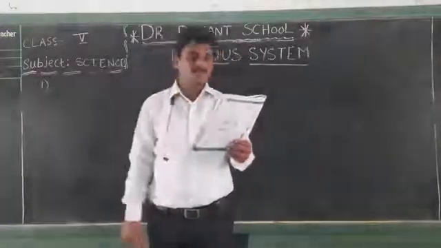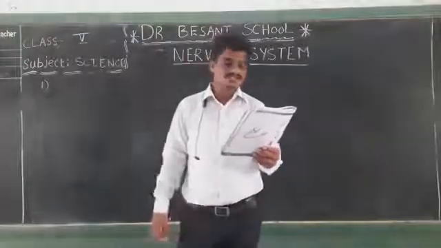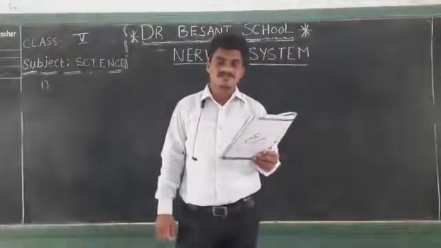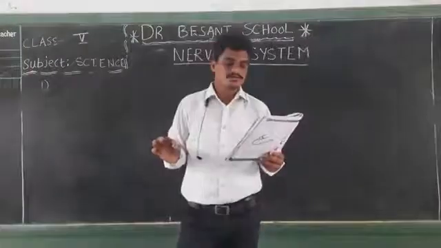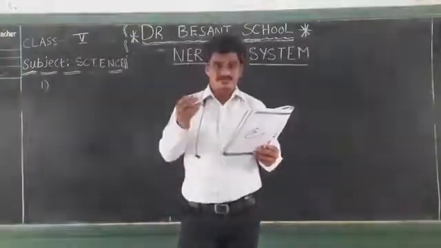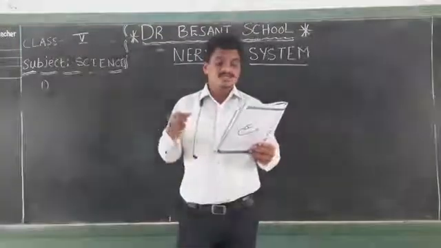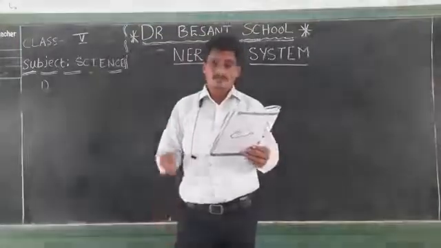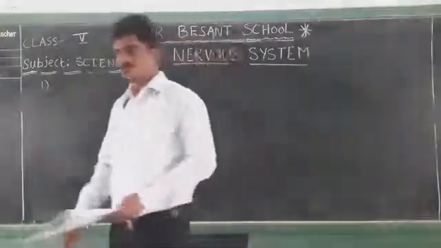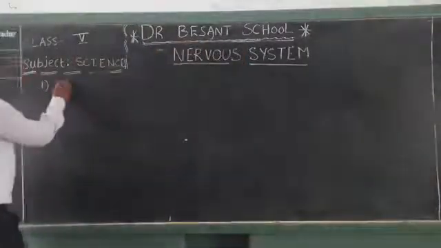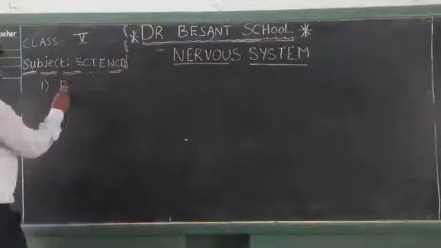After the mouth, the food pipe will come, and C is nervous system and D is backbone. All three options are wrong. The spinal cord. From the brain, a thin pipe-like structure comes out. That is nothing but spinal cord. Option B.